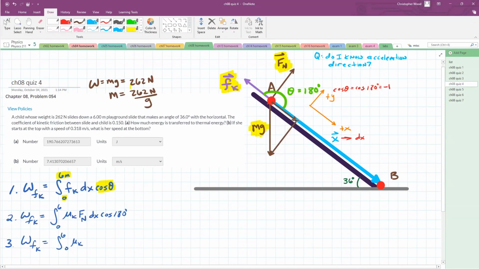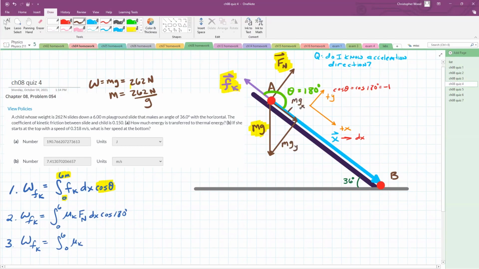So it's good to do good old force analysis again, which is why in many ways, chapter 8 is the ultimate chapter. This is my decomposed vector. This is mgy. This right here is mgx.